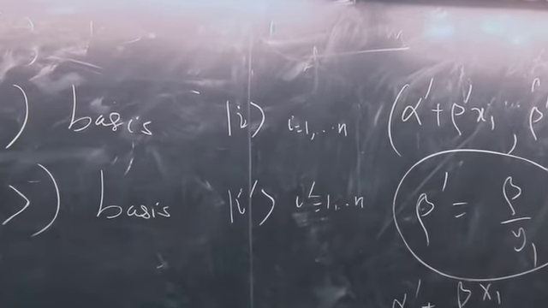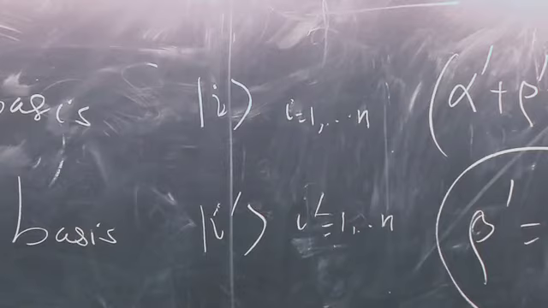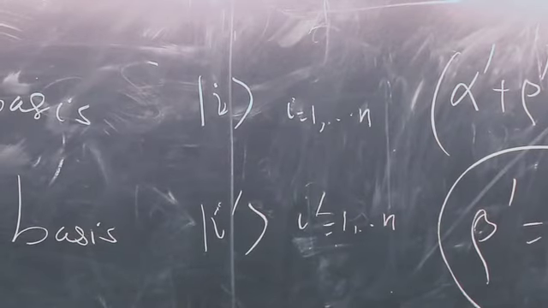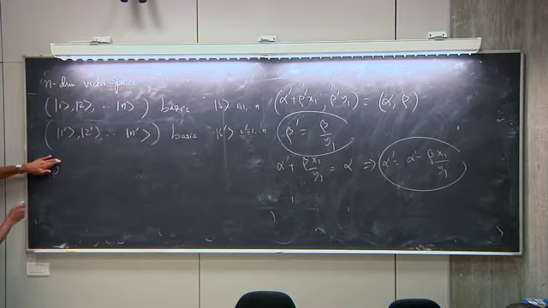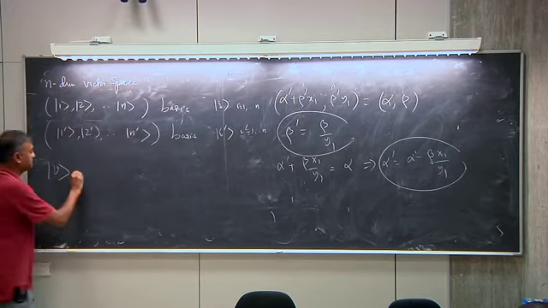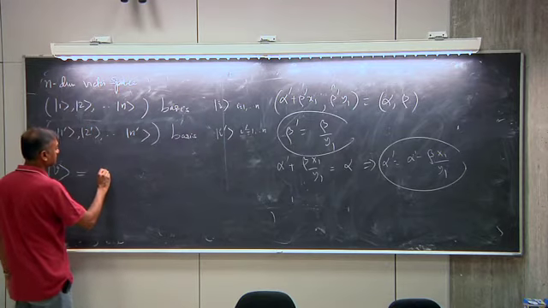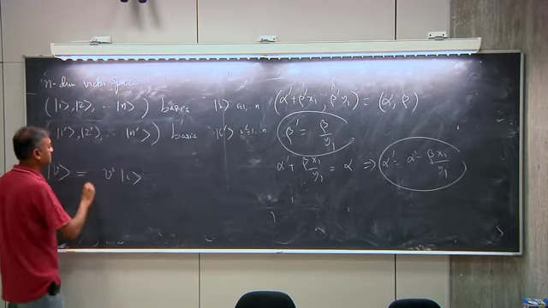These are the basis vectors. Now, since this is a basis, any vector v I can expand as a linear combination of these vectors. So let's say I use the symbol v_i e_i, summed over i.